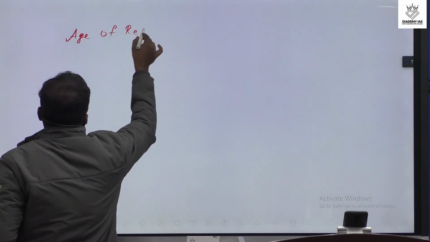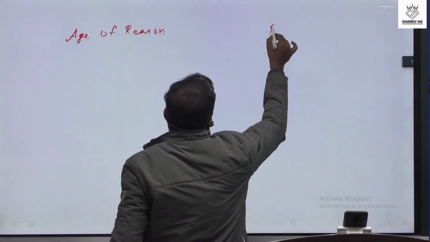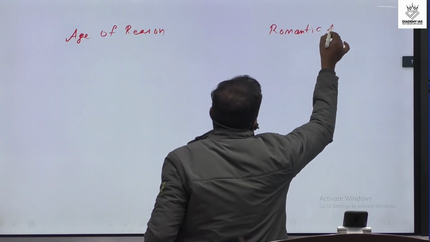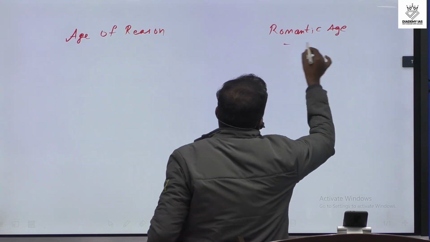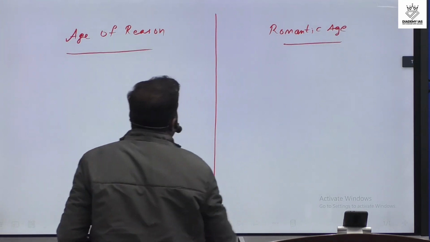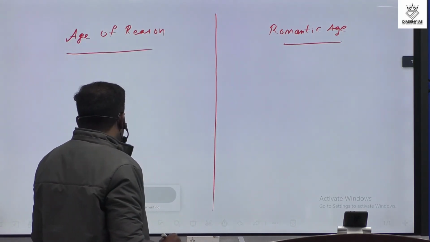What is the difference between age of reason and romantic age? What are the differences? We can classify it point by point.